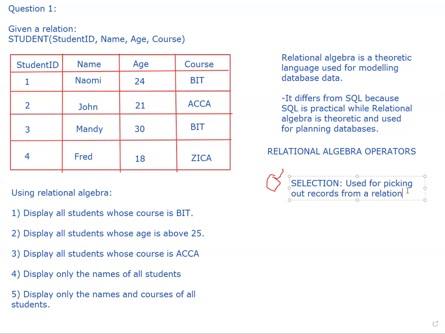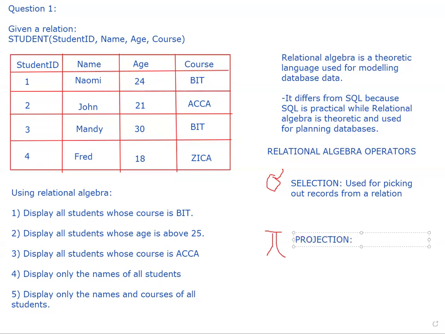The second operator that we have in relational algebra is called projection, which is used by this pi symbol. It's the same one that is used in math, by the way.